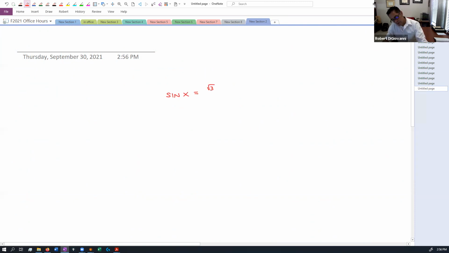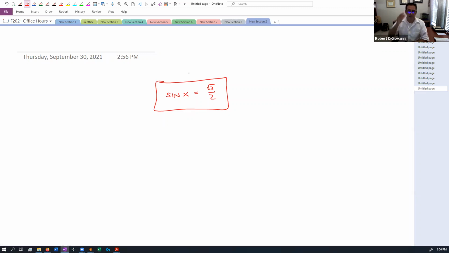Let's say you finally get to this final result and you want the solutions to that equation. There's a lot of things you need to understand to answer that. Because first, nobody's telling you that x is restricted between 0 and 2 pi or anything. There's an infinite number of answers for this equation.